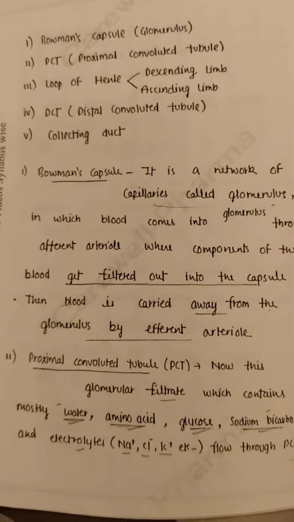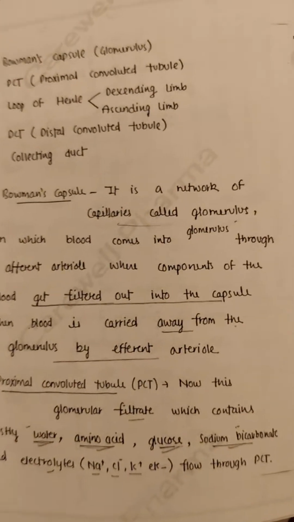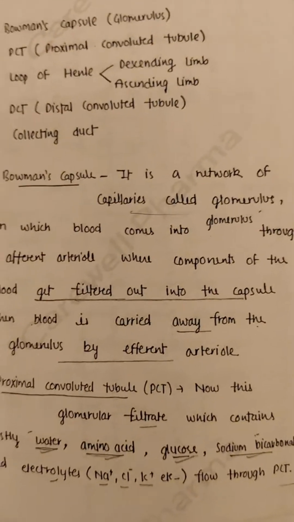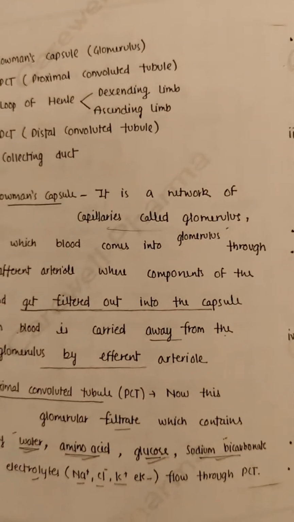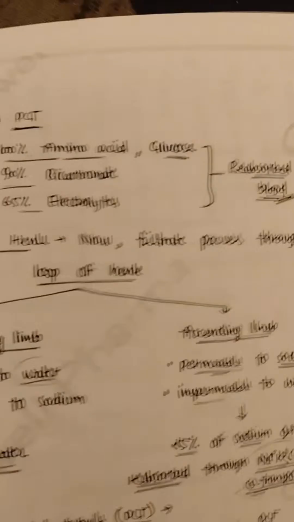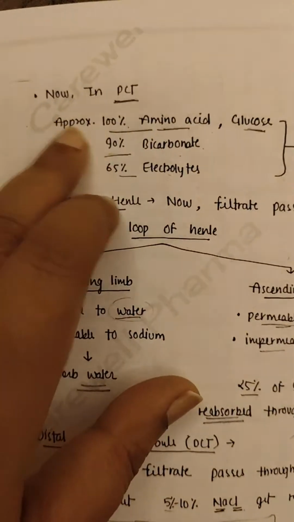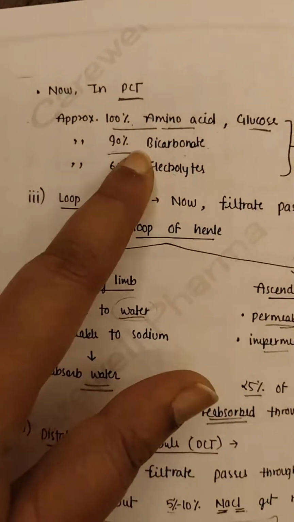In the glomerular filtration, which contains mostly water, amino acid, glucose, sodium bicarbonate as well as electrolytes, they flow through the proximal convoluted tubule. Here in the proximal convoluted tubule there is absorption of amino acid, 100% of it will be absorbed.